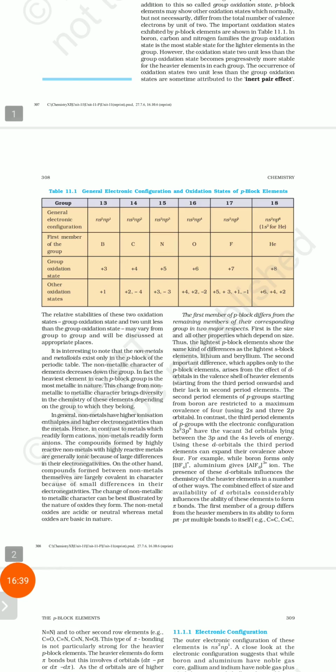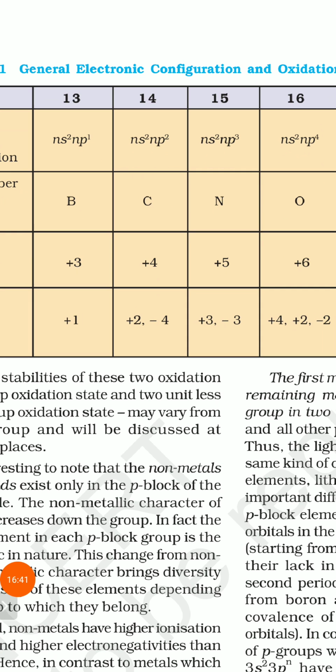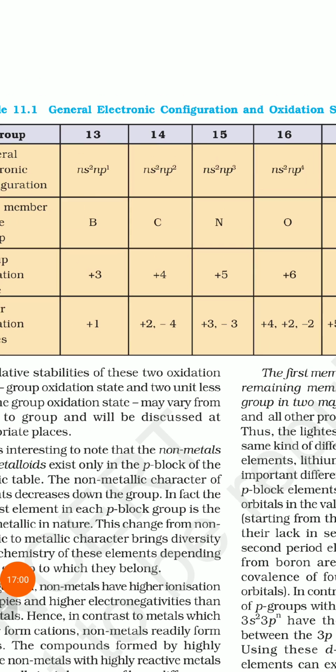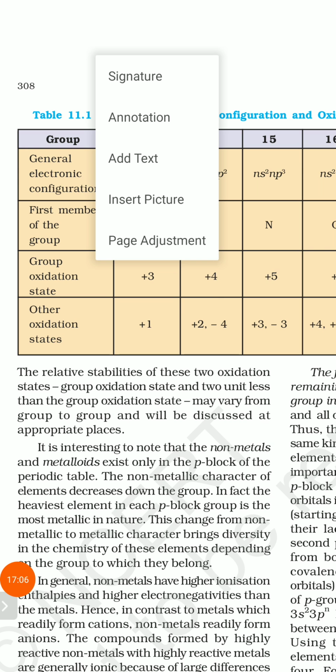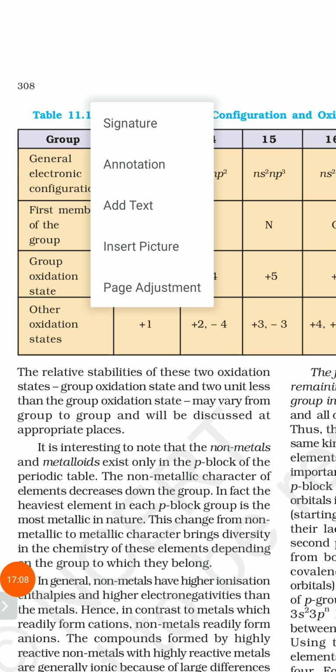And these group elements, 13 up to 18, will exhibit some other oxidation states also. If you ask, sir, should they exhibit only this and not any other, they will exhibit others, depending upon the compounds. For example, for the 13th group element, plus 3 is the common oxidation state, and they also exhibit plus 1.